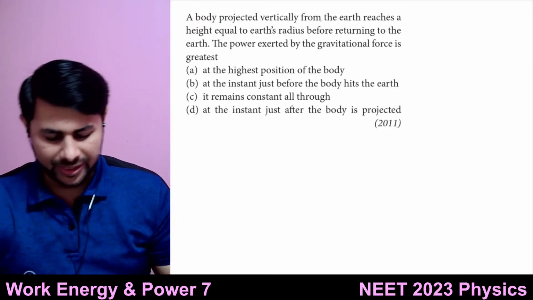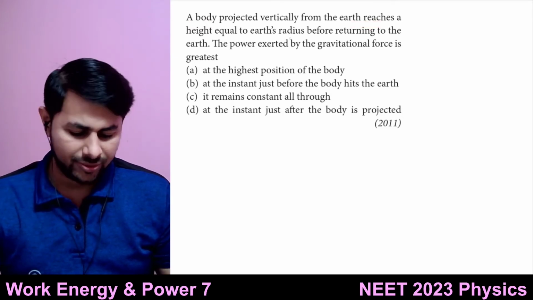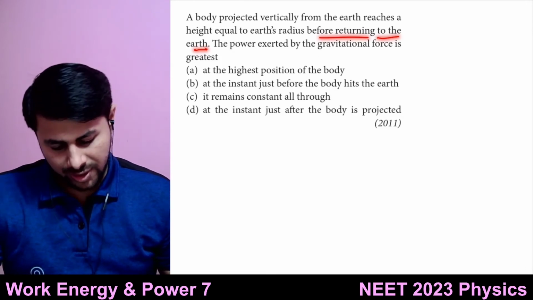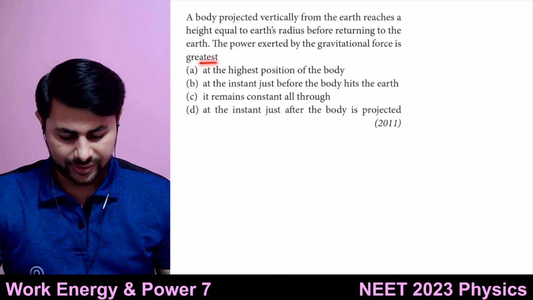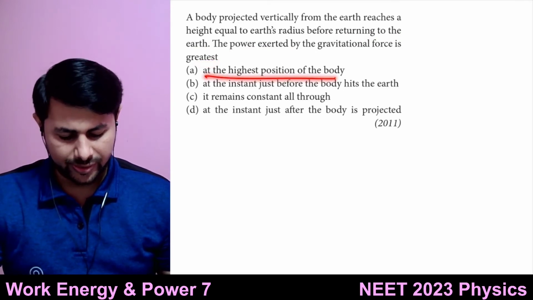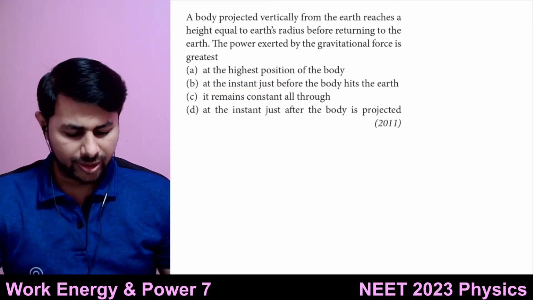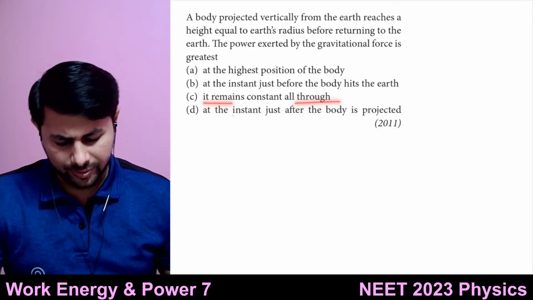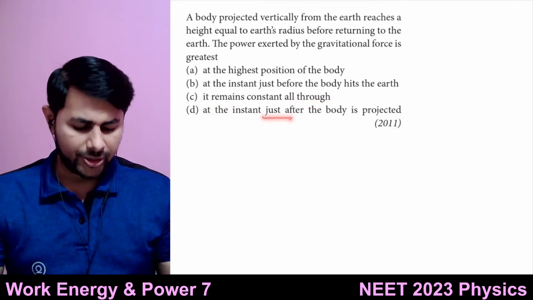A body projected vertically from the Earth reaches a height equal to Earth's radius before returning to the Earth. The power exerted by the gravitational force is greatest at the highest position of the body, at the instant just before the body hits the earth, it remains constant all through, and at the instant just after the body is projected.